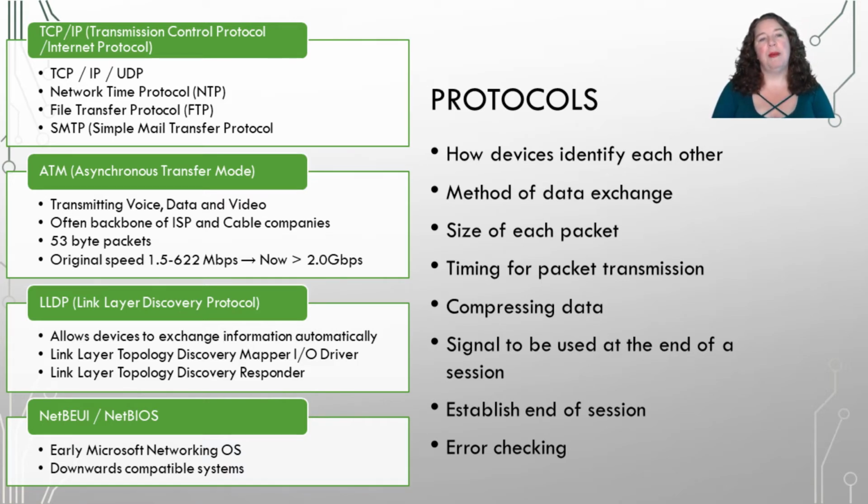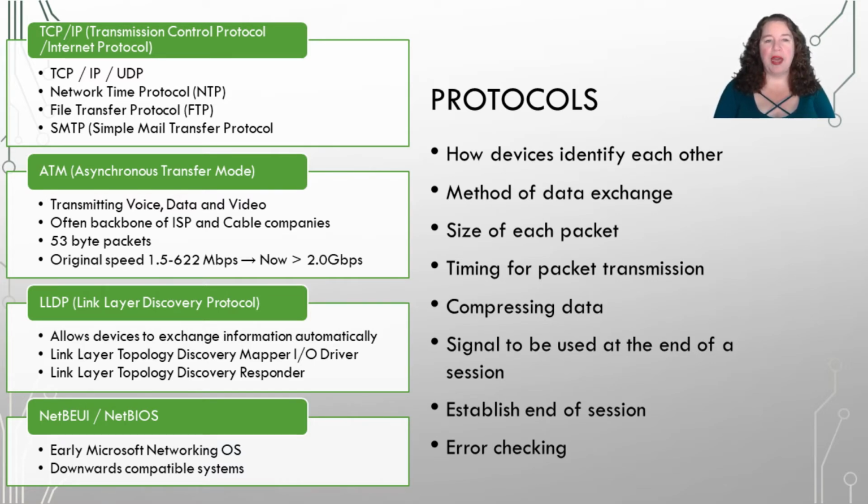We are going to talk about ATM, which is Asynchronous Transfer Mode. Asynchronous meaning they don't go at the same time, different times. This is used a lot for data and video, and we do use it for voice. It's usually the backbone of your ISP or your cable. We use this ATM back and forth.